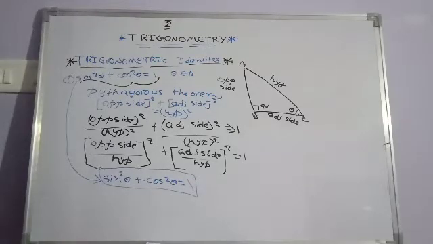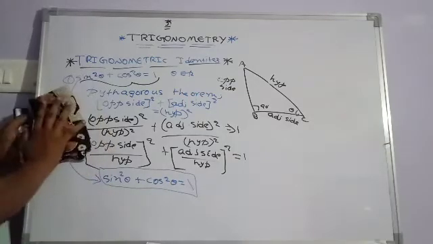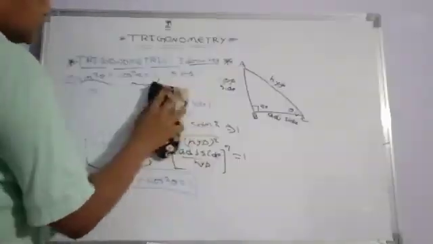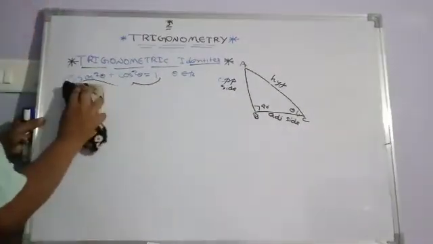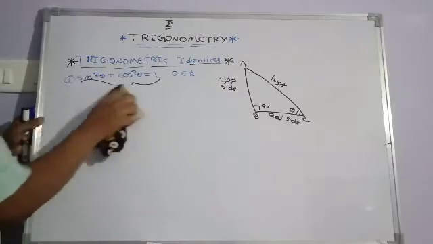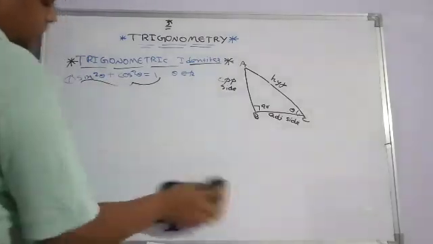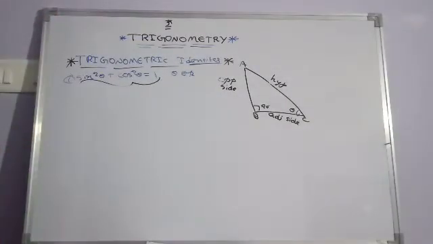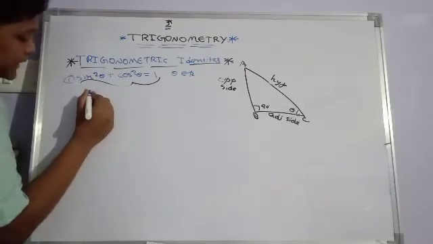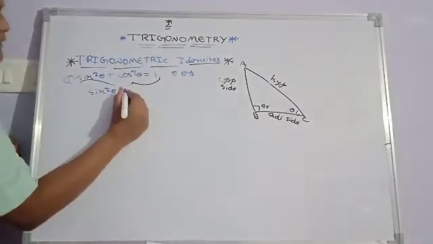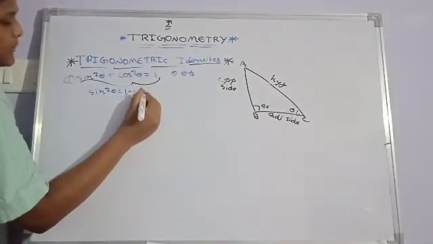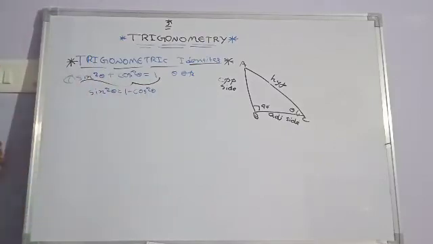Okay, we can write this formula in many ways. So sin square theta, when it moves to that side, becomes minus, so 1 minus cos square theta.